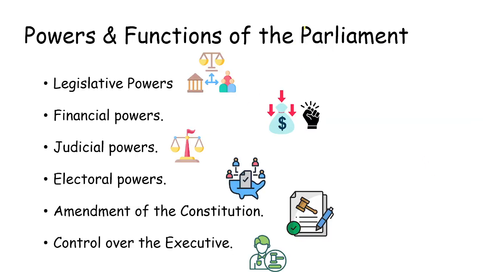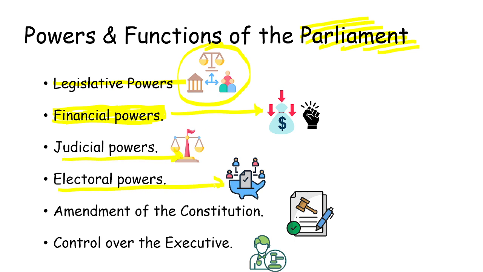Powers and functions of the parliament. What are the powers and functions of the parliament? First is legislative powers. Then financial powers. You should read all this in detail from your textbook. This is just a final revision. Judicial powers, electoral powers, amendment of the constitution.